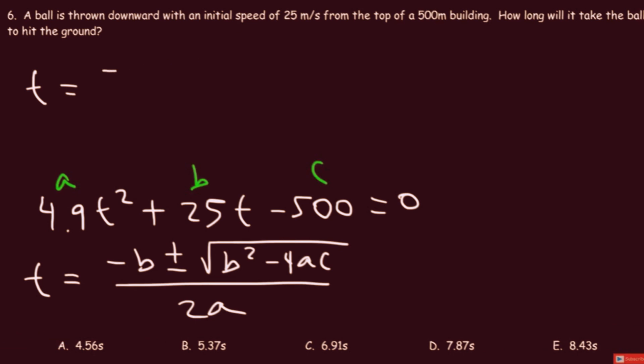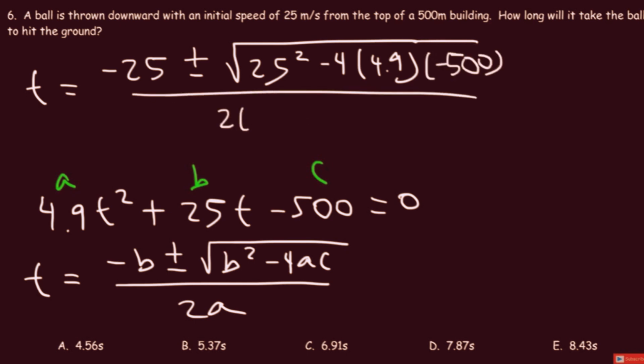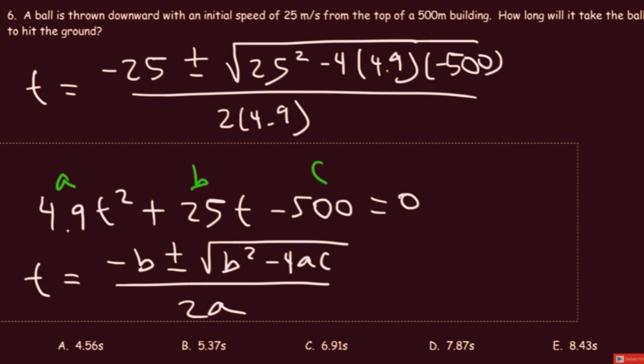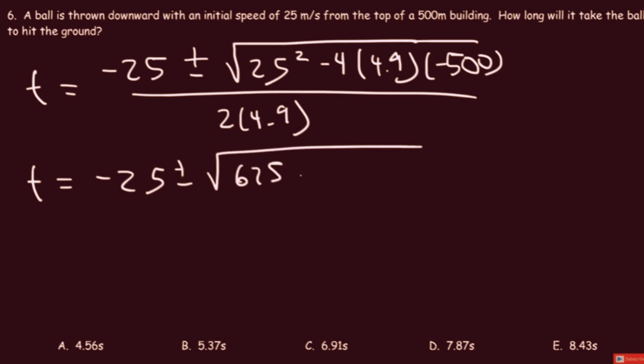So this is going to be negative 25 plus or minus the square root of 25 squared minus 4 times a times c, divided by 2a, which is 2 times 4.9. Now I am going to do this step by step so you will not make any mistakes. 25 squared is 625, minus 4 times 4.9 times negative 500.